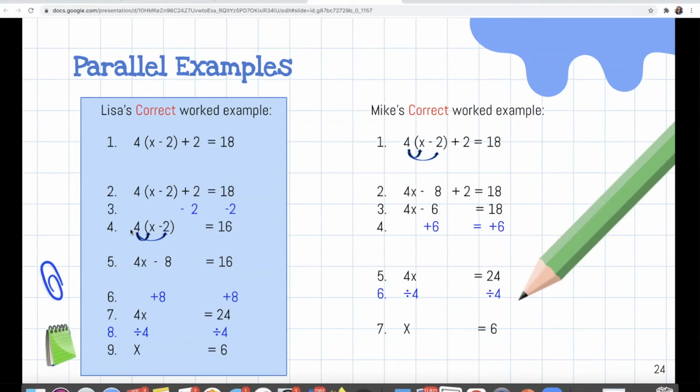And of course, you'd ask that kind of question. You could ask, for example, why did Mike choose to multiply 4 times x and 4 times a -2 in line 1? So you could be very specific about where you want the kids to look. Where do you want them to look?